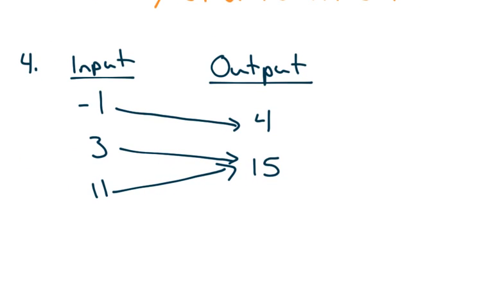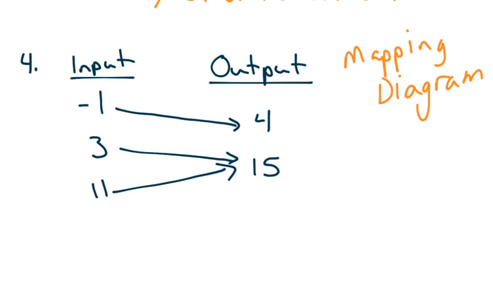And then lastly, number 4, this is what's called an input-output table, or an input-output chart. Sometimes it's also called a mapping diagram. I'll just write that off to the side, a mapping diagram. You might see that on an assignment, create a mapping diagram. This is what a mapping diagram is. This is just another way of displaying a relation.